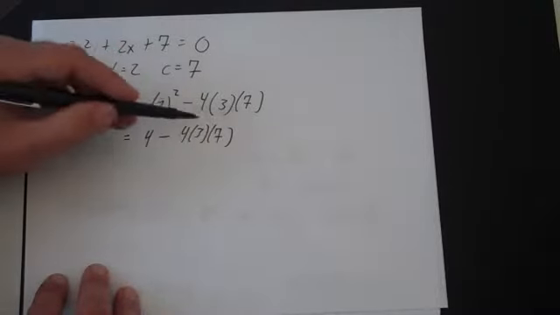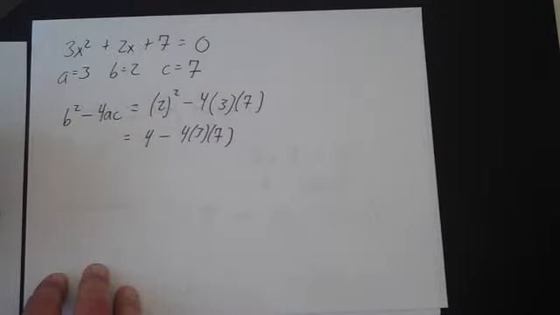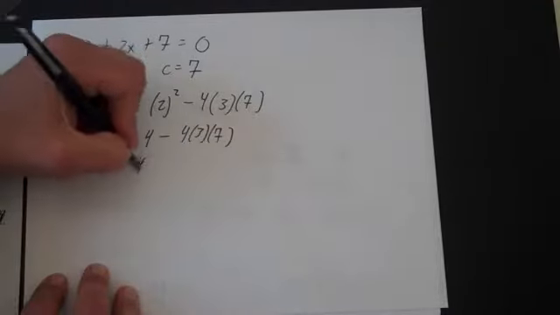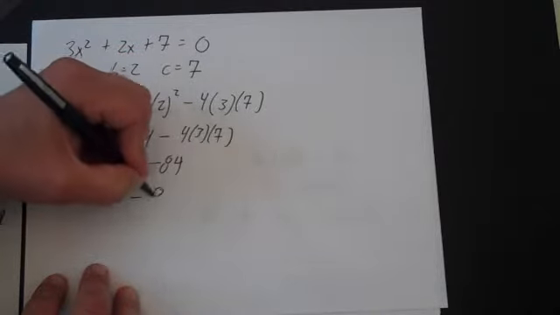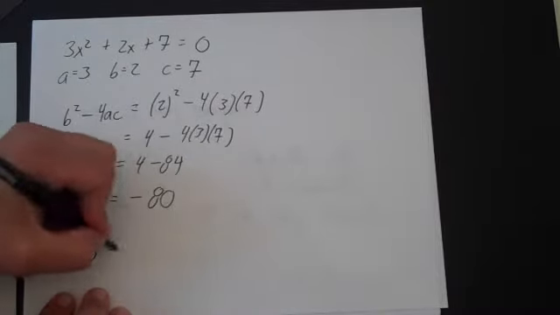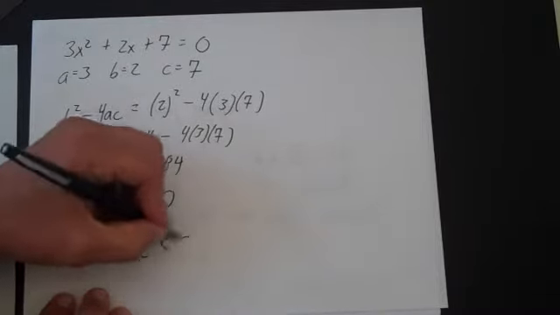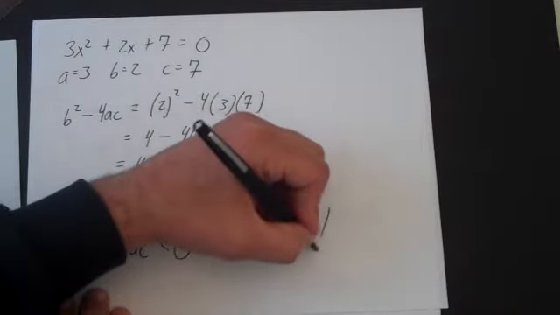Then do the multiplying, that's 7 times 4 times 3. That's 21 times 4 is 84. So that's 4 minus 84. And the discriminant is minus 80. Since b squared minus 4ac is a negative number, that means there's no real solutions.